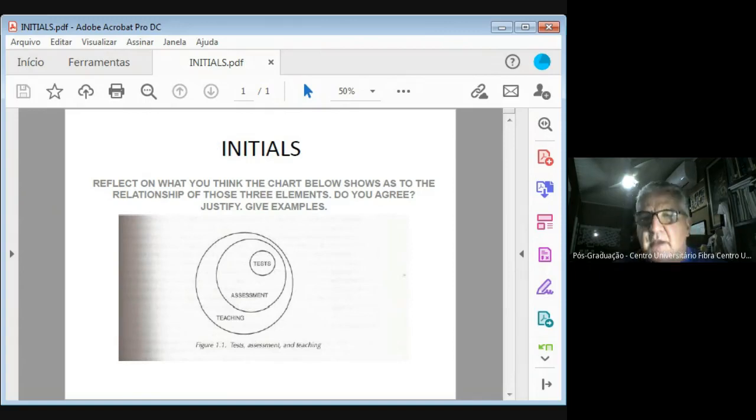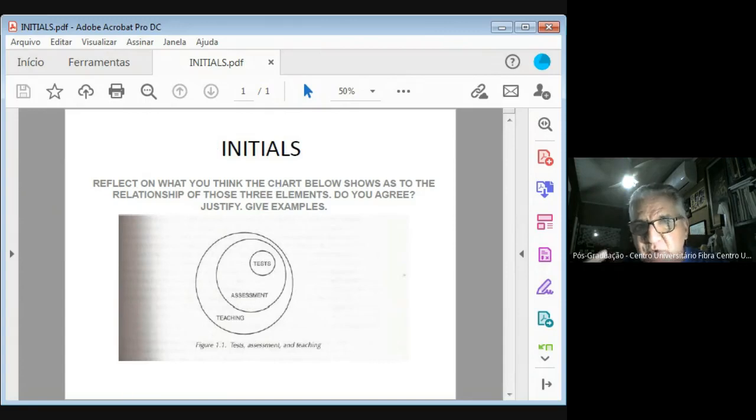Assessment is a process of collecting information, but not necessarily to make a decision about that information. Assessment is a process of analyzing, reflecting on different aspects of the process of teaching and learning.